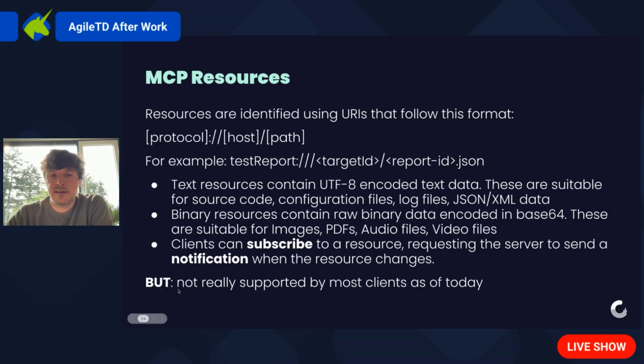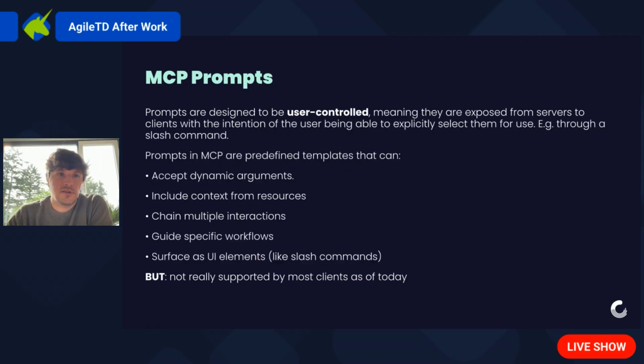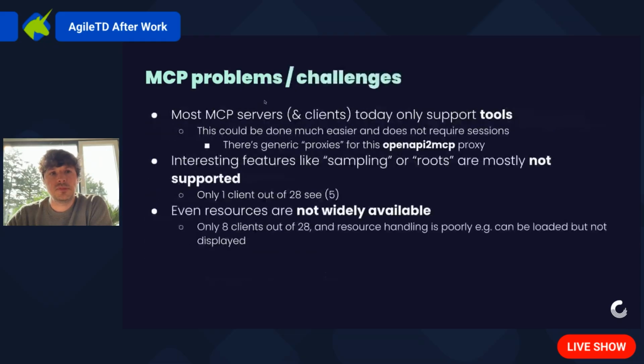But the important thing to know is that hardly anyone uses this functionality, and most of the users just use tools and not the prompts or resources. And that's also kind of the problems and challenges with MCP.